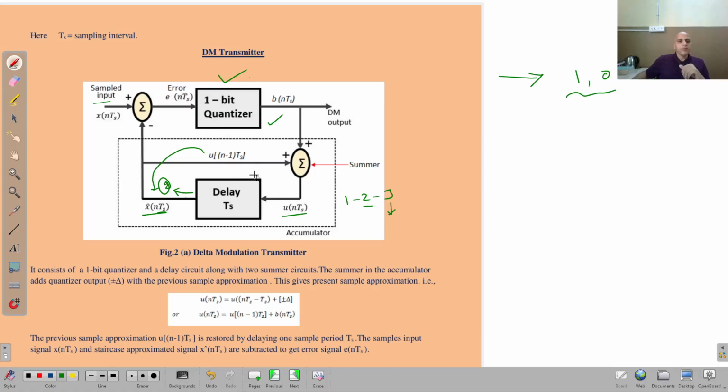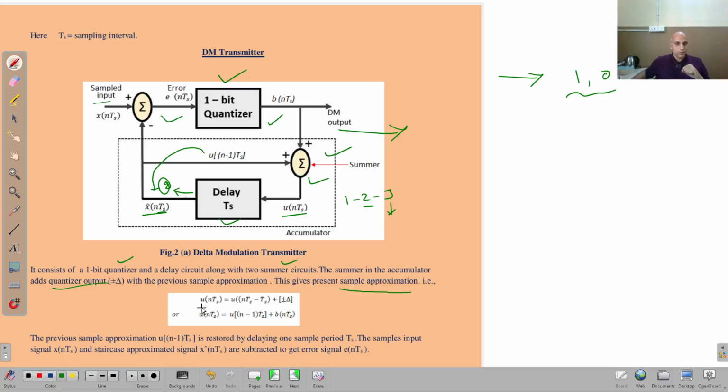Then we will get the corresponding output. You can see here it consists of a 1-bit quantizer and a delay circuit, along with two summer circuits, this one and this one. The summer in the accumulator adds the quantizer output, plus or minus delta, to the previous sample approximation. This gives the present sample approximation.